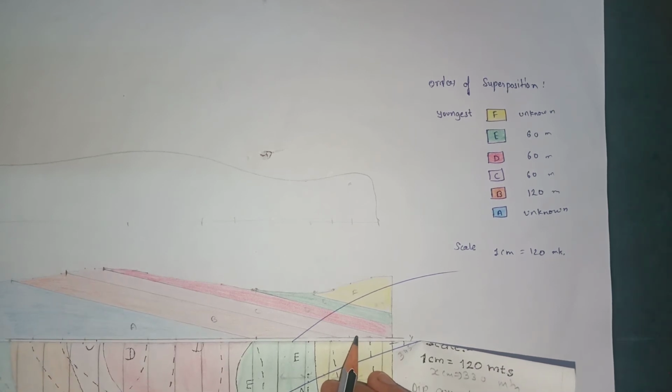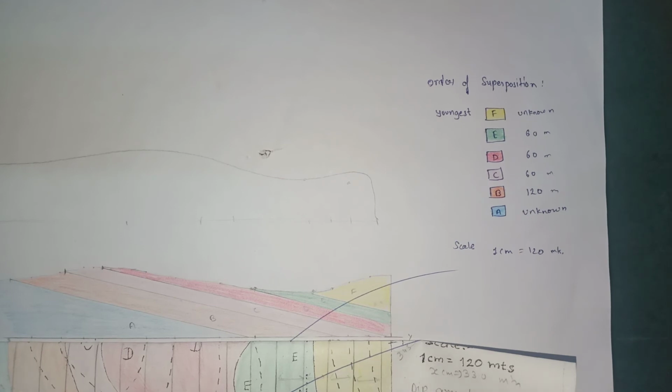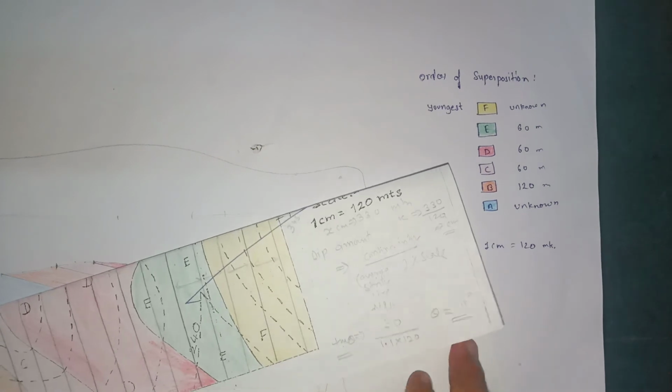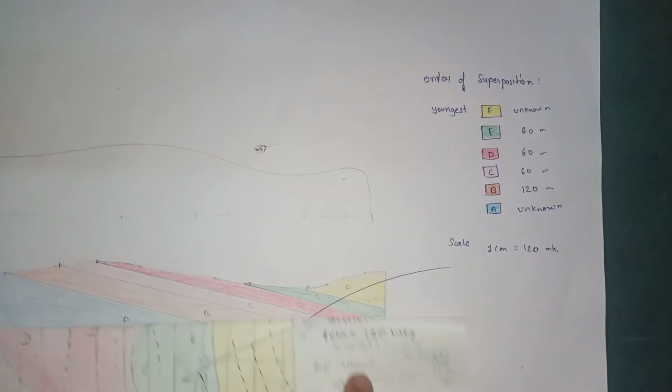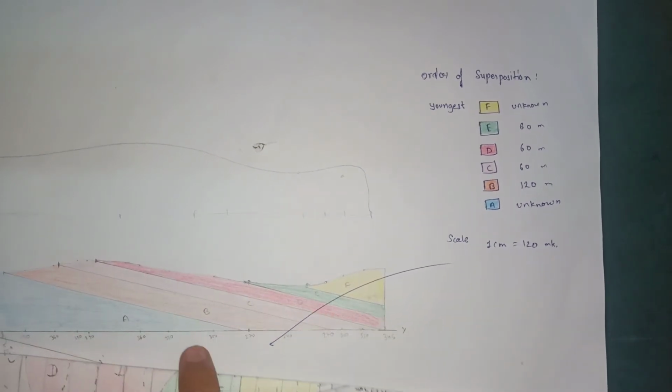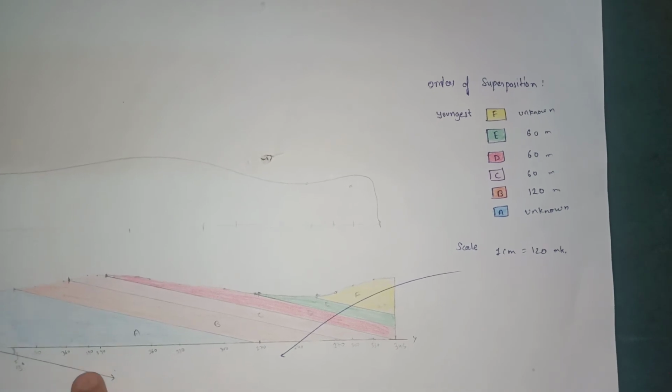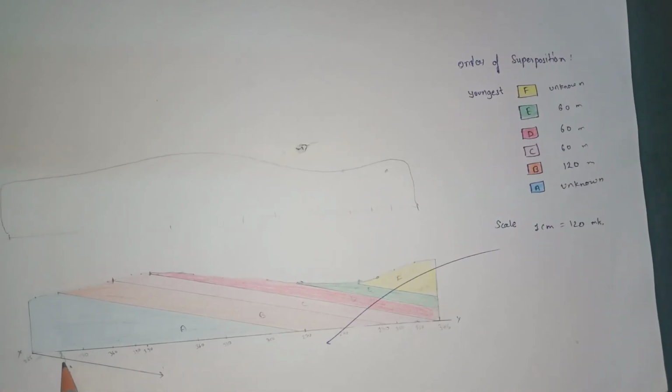Now as you know, these beds are dipping, these beds are inclined, so with the help of the dip amount you can plot these beds in an inclined way. So take a protractor and make an angle of 11 degrees from here. 11 or 13, I think 13 degrees is the outcome.